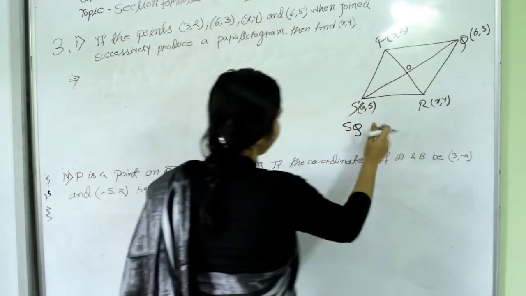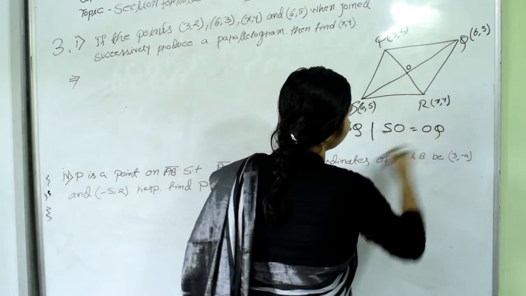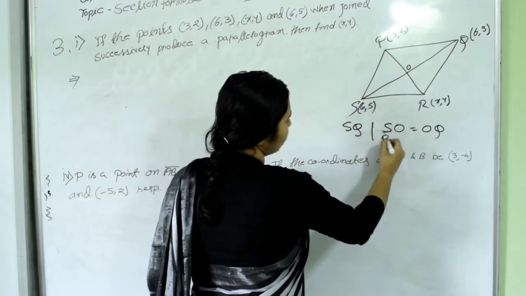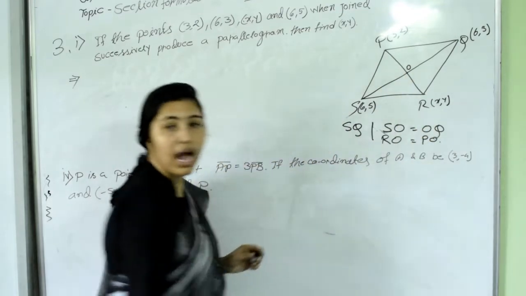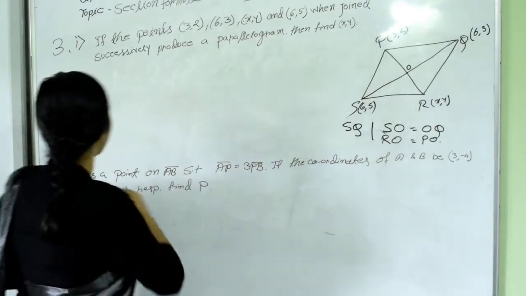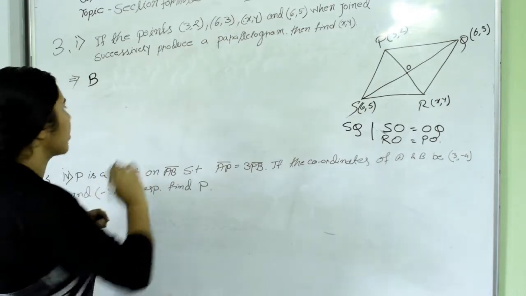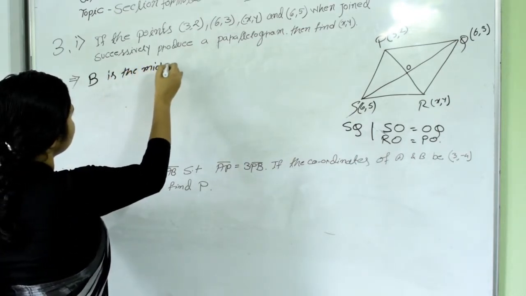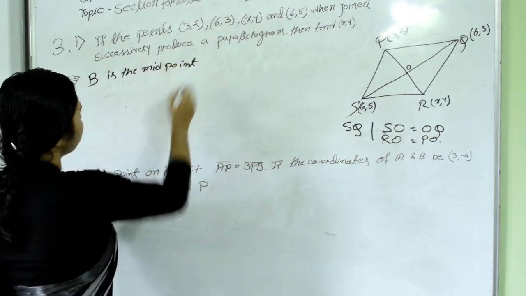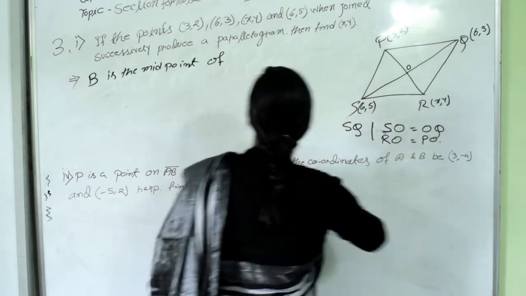Or we can write SO equals OQ, RO equals PO. Now suppose, assume that B is the midpoint of the diagonal SQ.